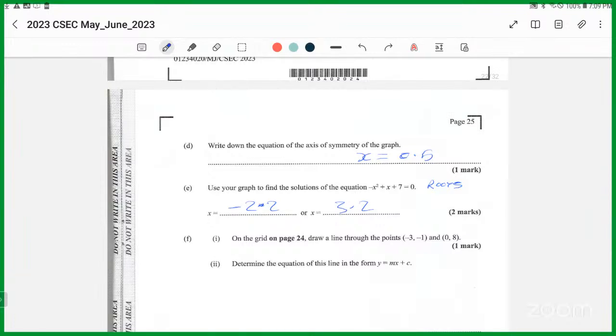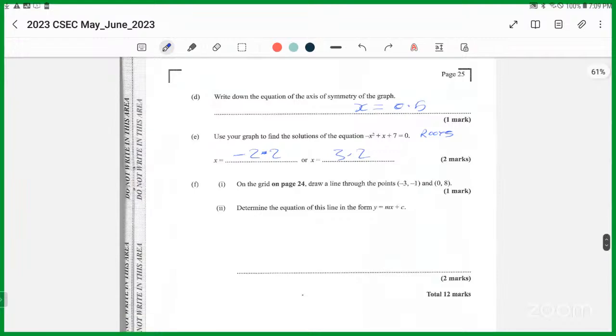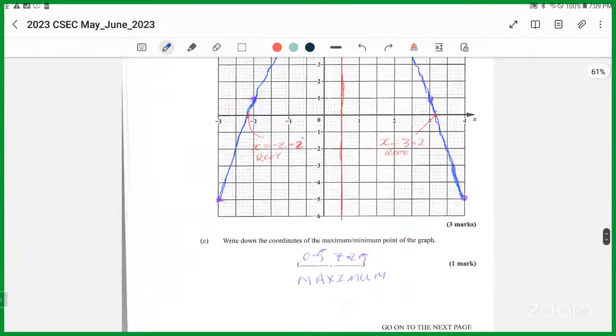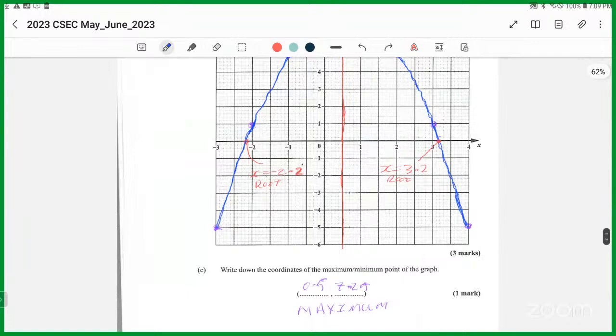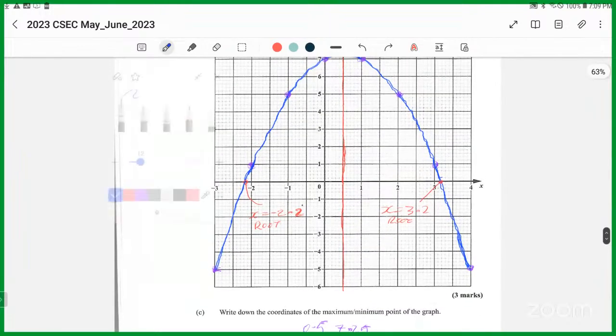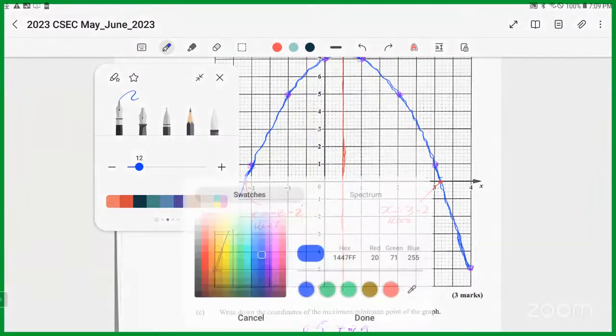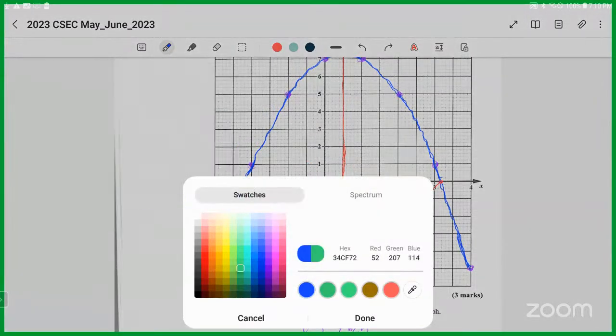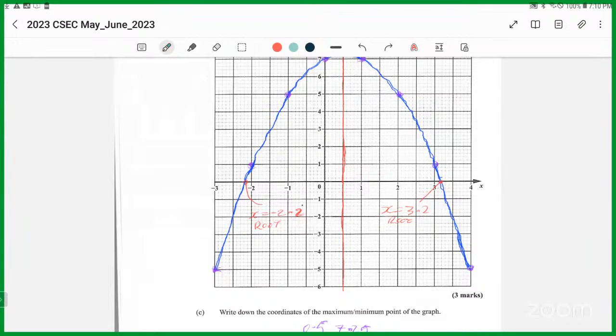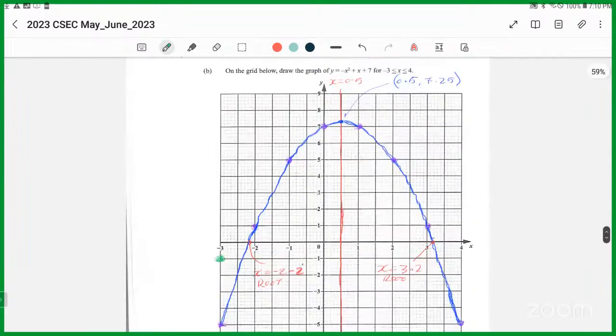Next one says, on the grid on page 4, draw the line passing through those 2 points and determine the equation of the line. Draw the line through these 2 points: -3, -1, and 0, 3. -3, -1 is here. 0, 3 is here.